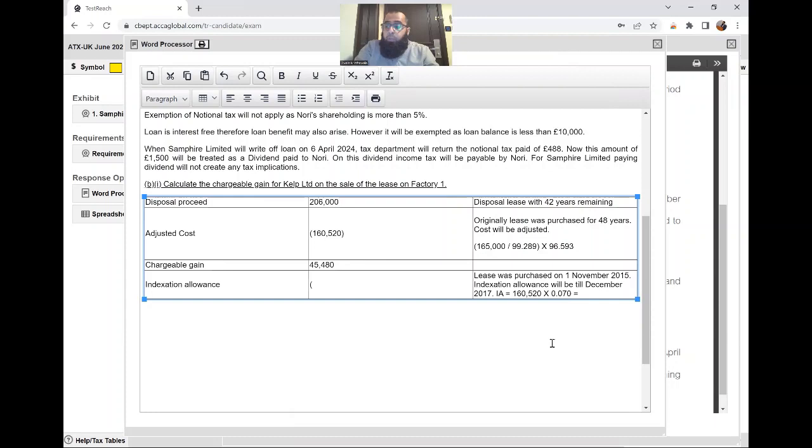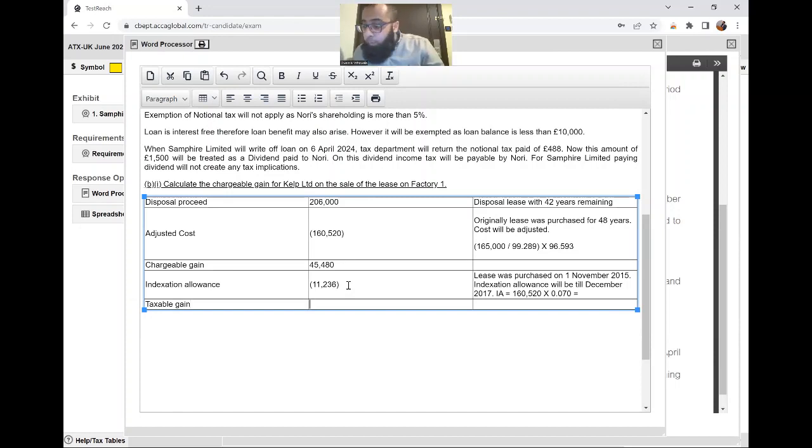So the indexation allowance will be 160,520 into 0.070. So it's 11,236. This gives me the taxable gain.